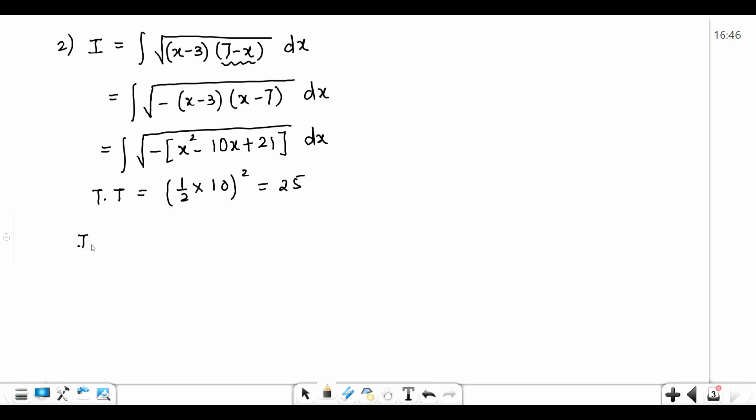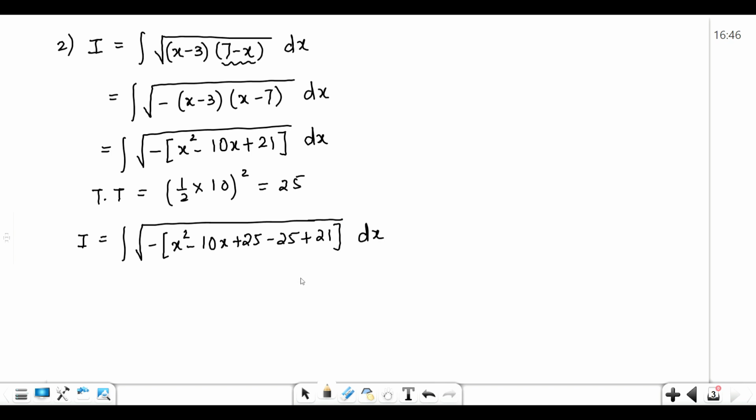So here what we'll do: integration, again square root, minus, we will add this third term, we'll subtract this third term, then plus 21. Write dx here.